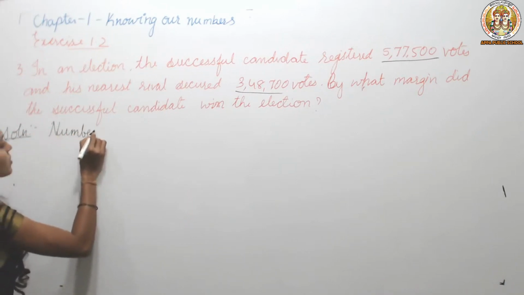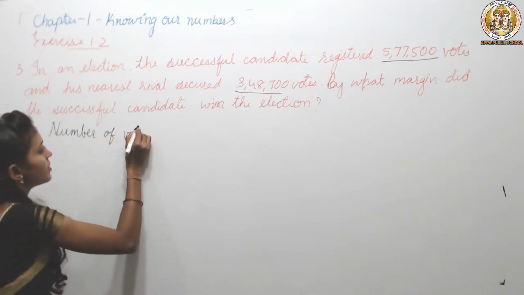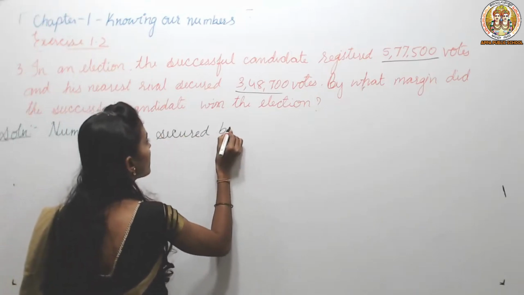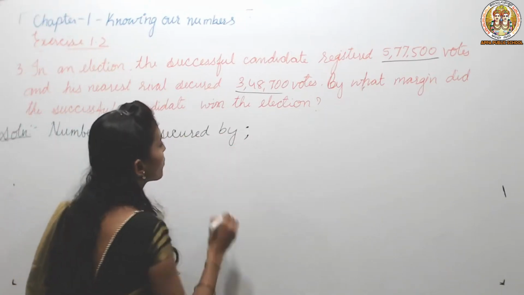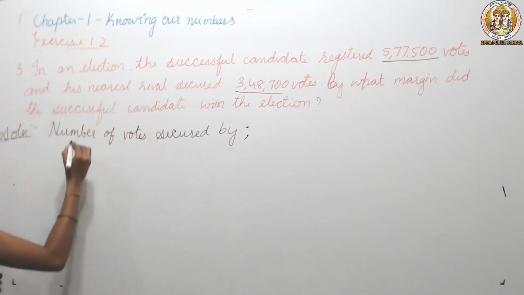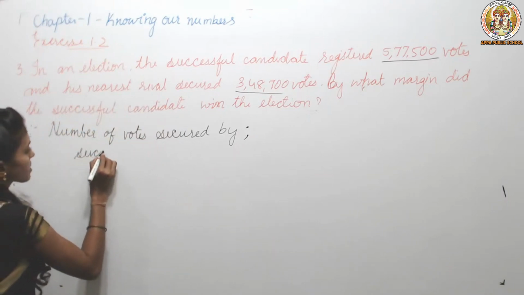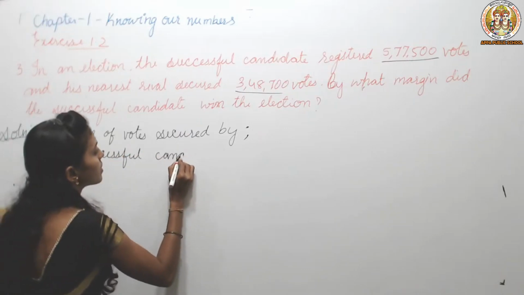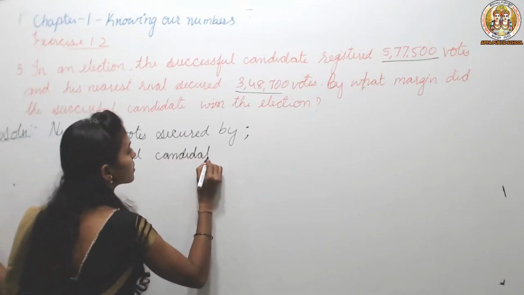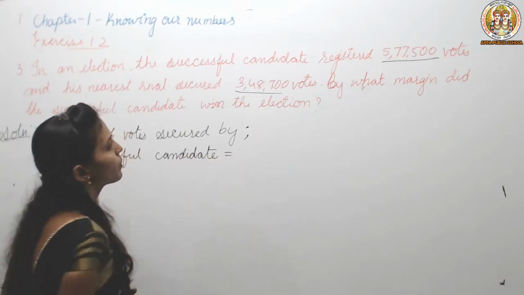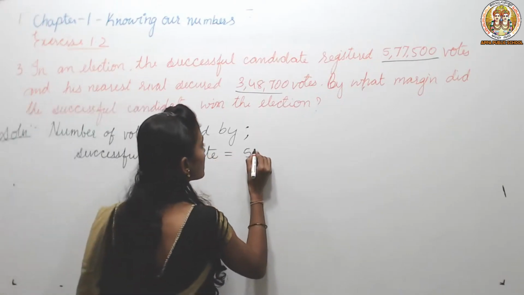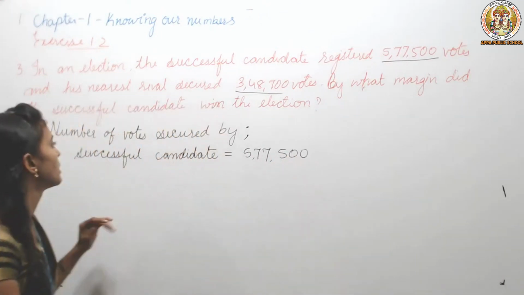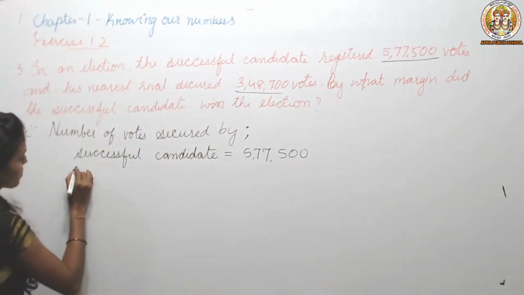Number of votes secured by. This sentence is common for both, what I'll write now. Secured by successful candidate: 5,77,500. Then his nearest rival.